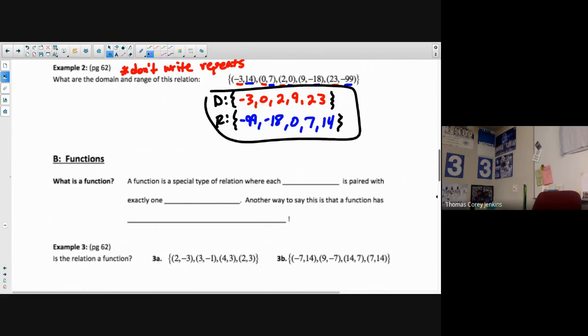So let's call this example B. We have our graph there, and let's say we have a line segment that has an endpoint at (-2, -1) and an endpoint at (2, 0).